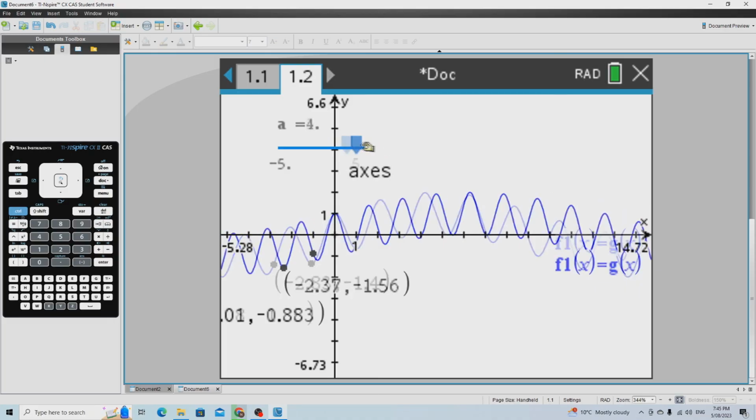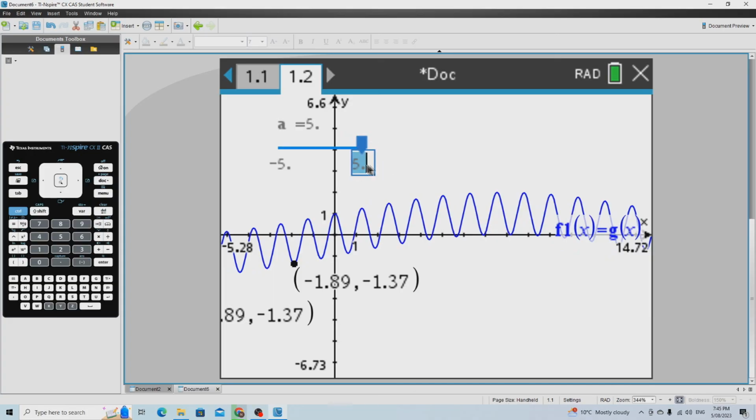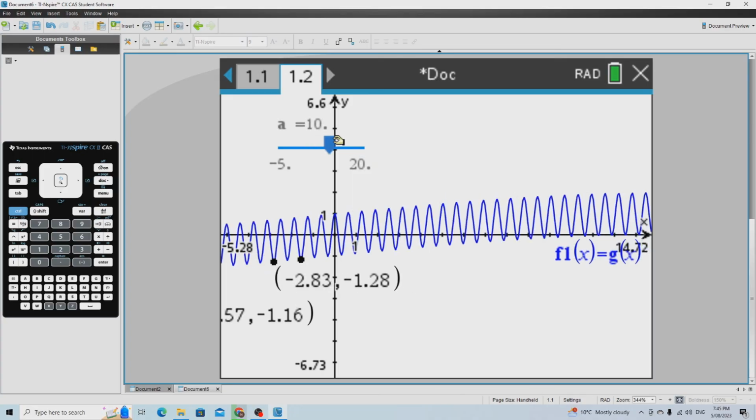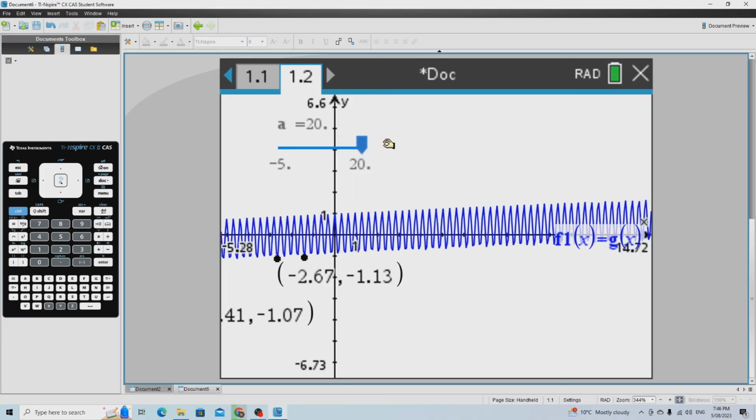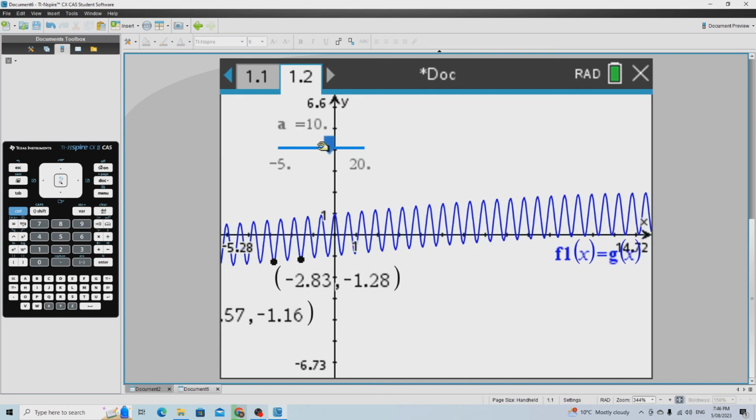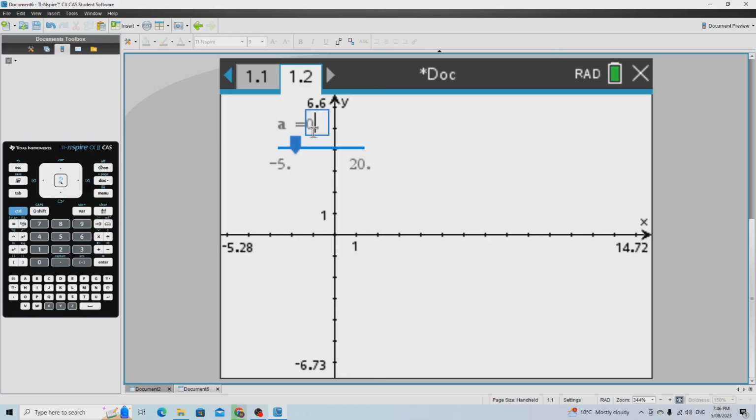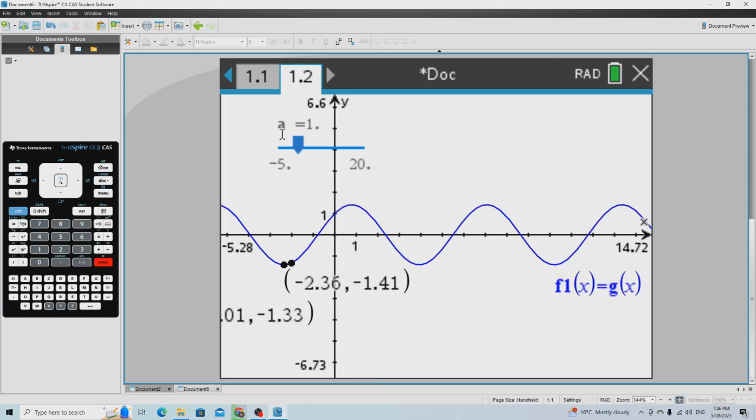The more we go up, like let's say 20, the minimum value just gets lower. So the best one is just 1. It's such a confusing question.